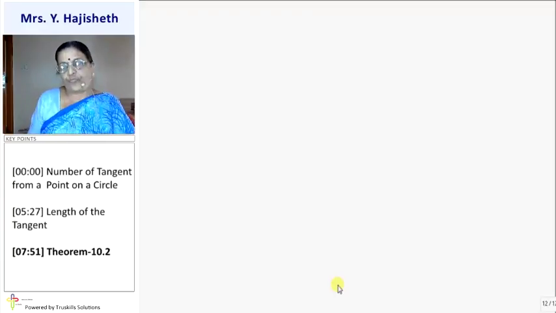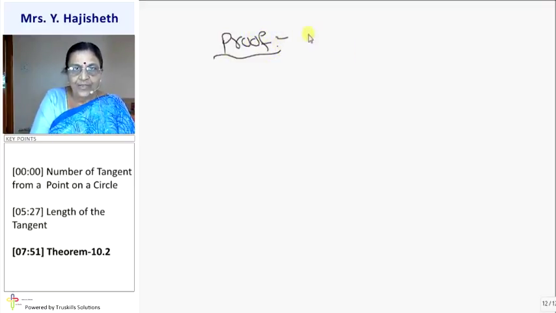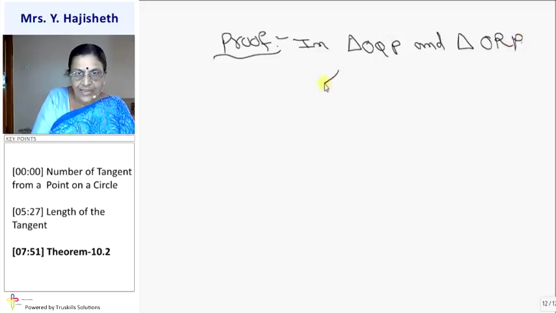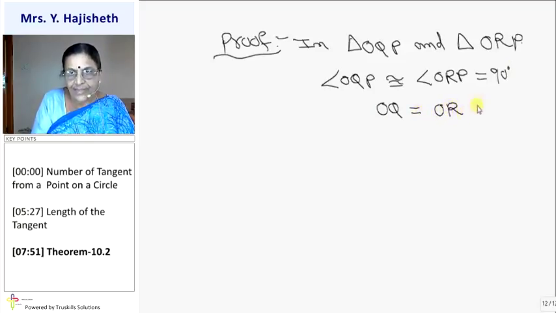Now what is left? Proof is left. Proof में हम क्या करेंगे आपको पता है. We are using the concept of congruency here. We have formed two triangles. In triangle OQP and triangle ORP, what is given? Angle OQP is congruent to angle ORP and that is 90 degrees. One more thing, OQ is equal to OR, radii.